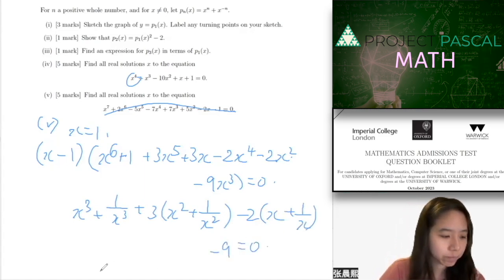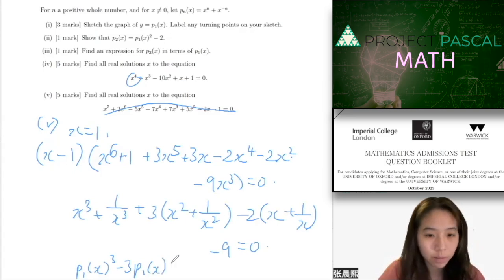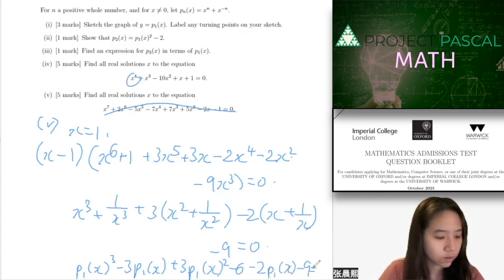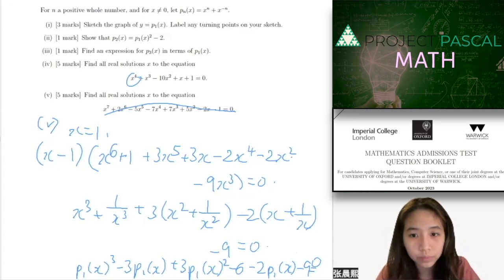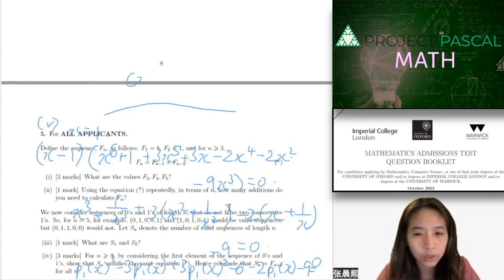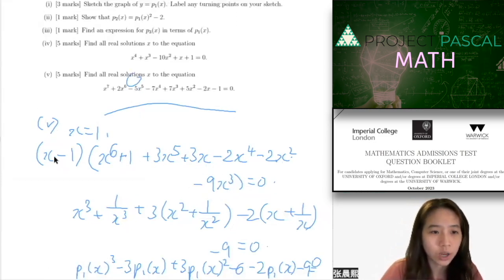So this is like p1x cubed minus 3p1x plus 3p1 squared minus 6 minus 2p1x minus 9 equals 0. And then you try factorizing this thing again. Oh dear, it seems like a little bit of a mishap. So back to this.